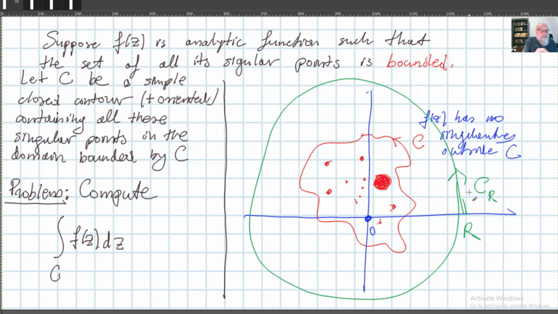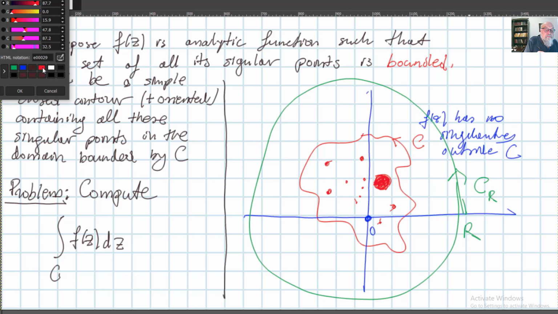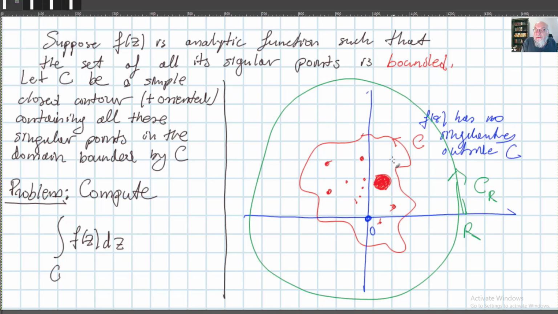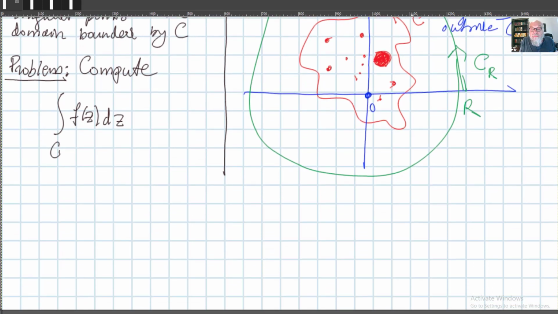And now you look here. The function is analytic in the region in between these two contours. So you have the contour C and contour CR, and of course the function f of z is analytic in between. So we can now simply use the facts.